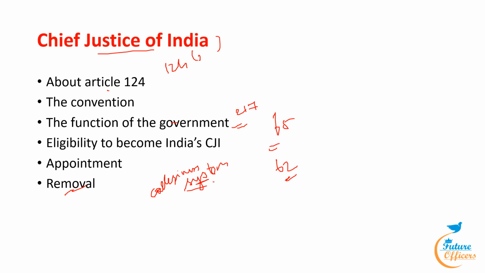What are the criticisms against this collegium system? The collegium system's primary flaw is the lack of transparency. The Law Commission of India's 230th report, filed in 2009, suggested that nepotism might still be in place.